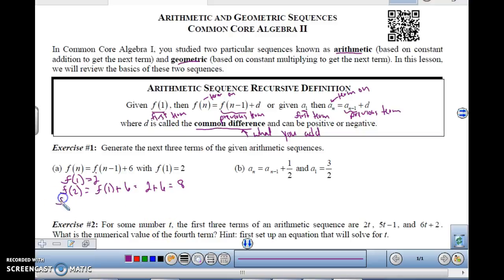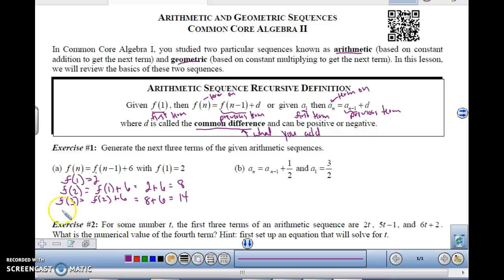What would be the third term? If I'm in the third term, I would need the second term. F of 3 minus 1 is f of 2 plus 6. The previous term, f of 2, was 8, plus 6 is 14.